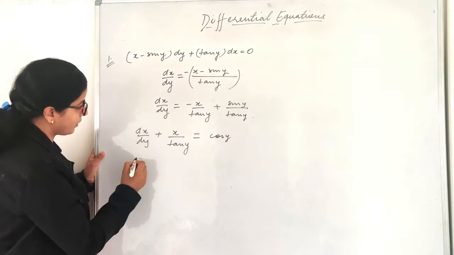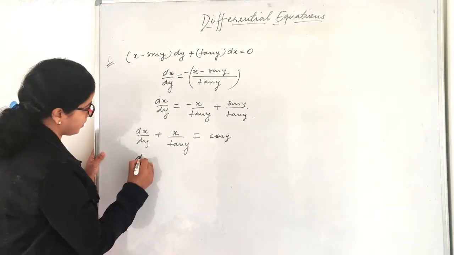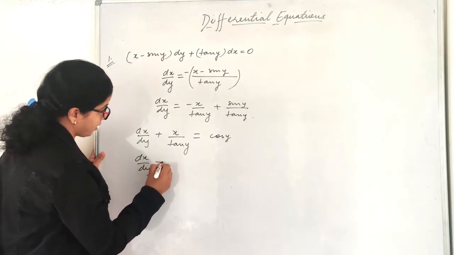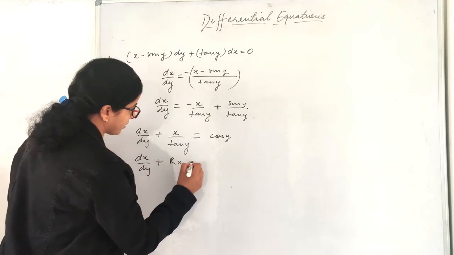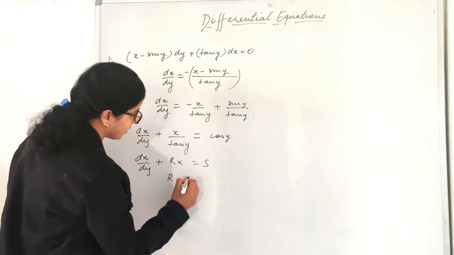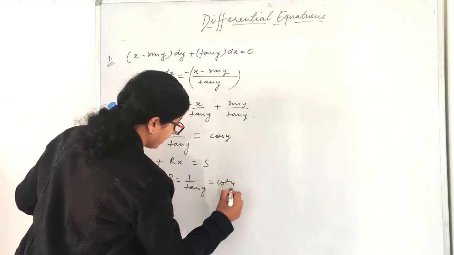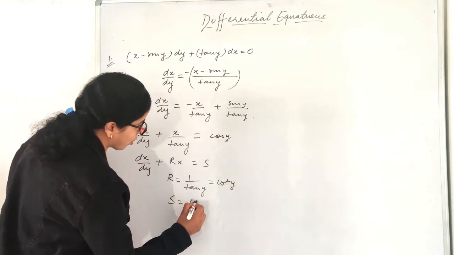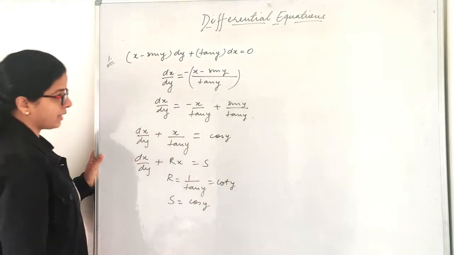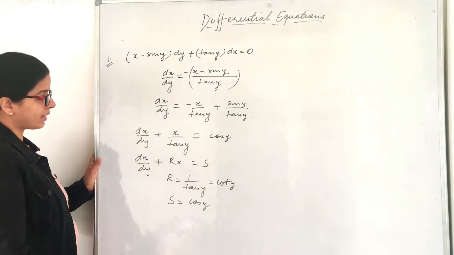Okay. Now if we compare with the general equation, dx upon dy plus rx is equal to s, so r is 1 upon tan y, which is nothing but equal to cot y, I can write, and s is cos y, right? Now let us find out the integrating factor.